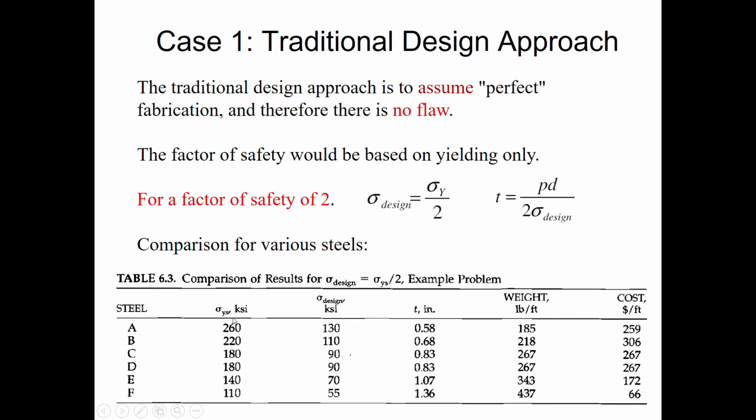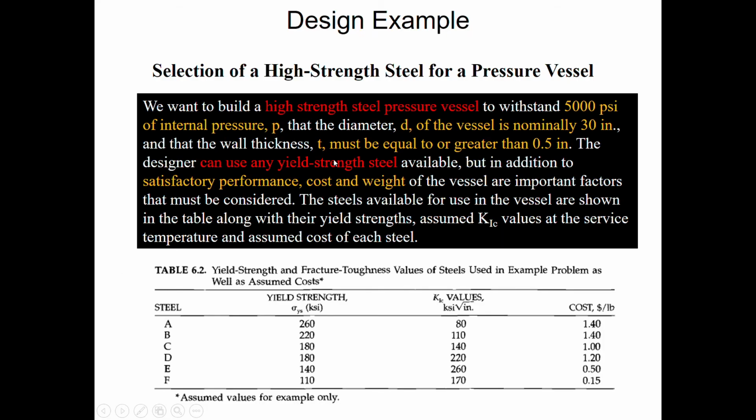Let's say they just give you this, and then you need to add another column. For example, in this case, 260 divided by 2, you will get 130. Using this value 130, this is sigma design. You insert this value into this equation, and P will be 5000 psi, while D is 30 inches.